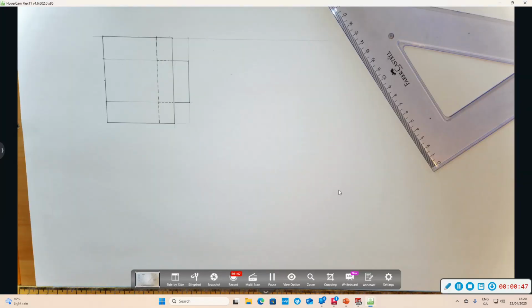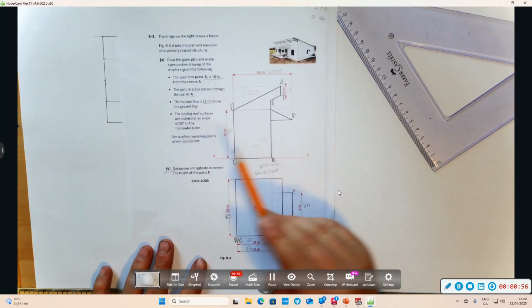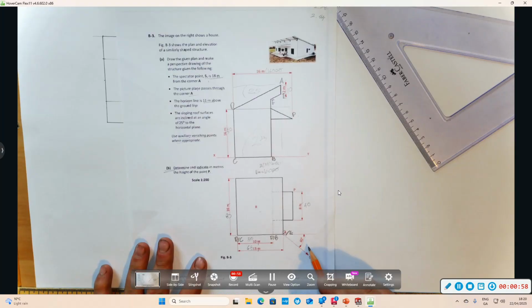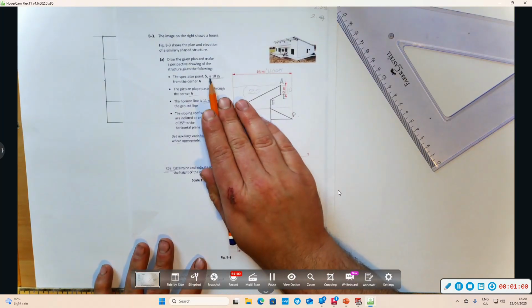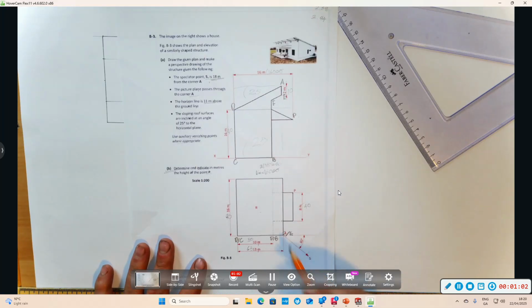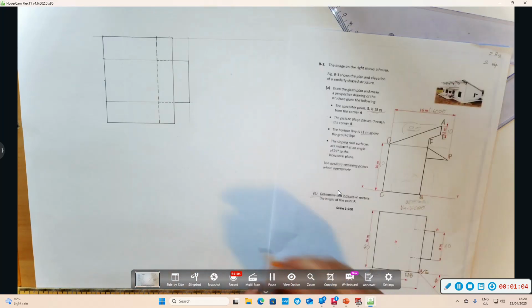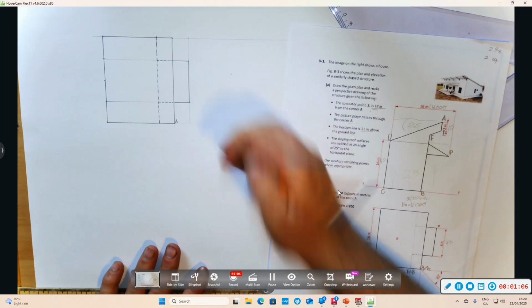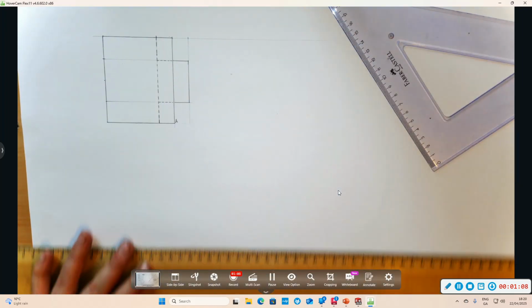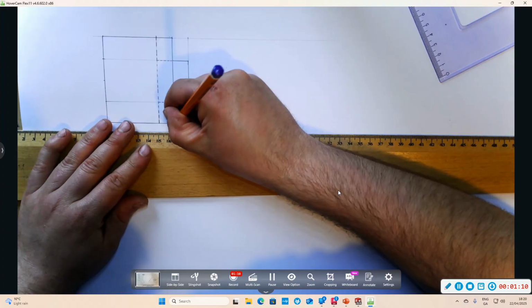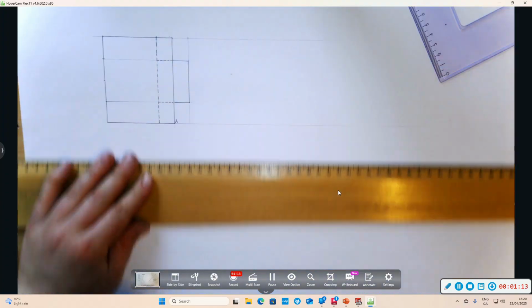Right, so in the question, the spectator is 40 degrees from corner A, 18 meters, so after the scale, 90 millimeters. Don't put corner A anywhere else. That's a common mistake students make. So we've located corner A in plan.